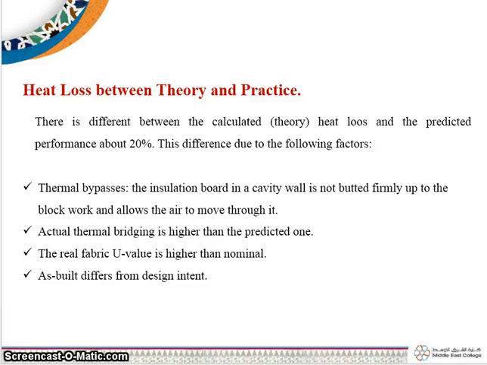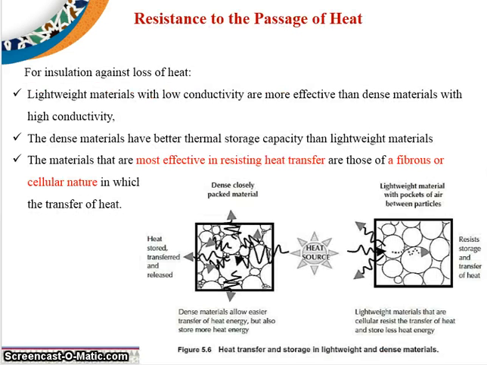After that, you can go through heat loss between theory and practice. There is a difference between the calculated heat loss and the predicted performance of about 20%. This is because of these factors. Resistance to the passage of heat: how this passage of heat can be resisted.